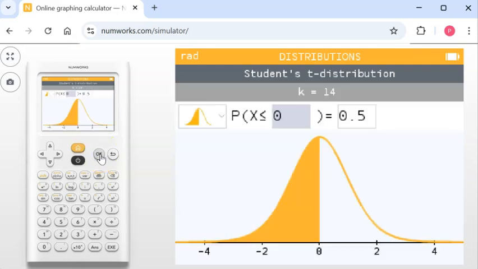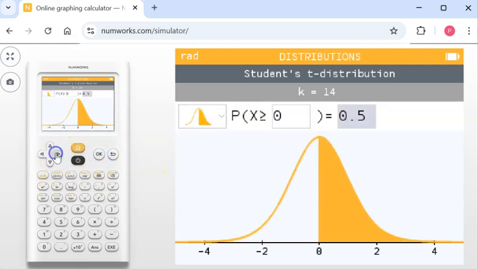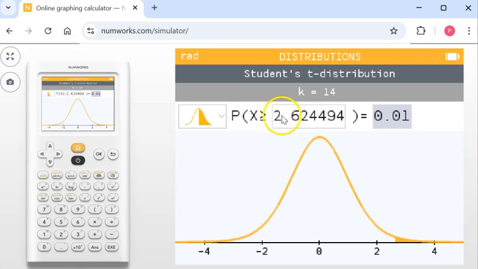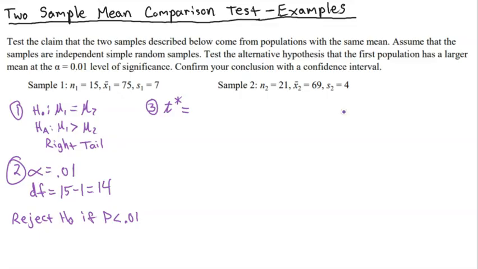So degrees of freedom is 14. Now we're doing a right tail test, so we hit OK, go down to the right tail test, and then go to the far right box and put in our alpha, which is 0.01. That gives us a critical t value of 2.624494.